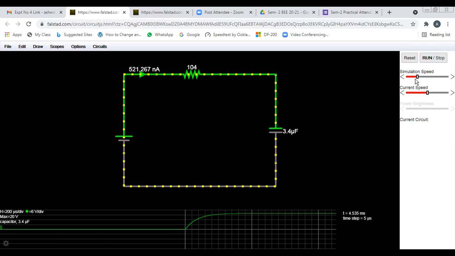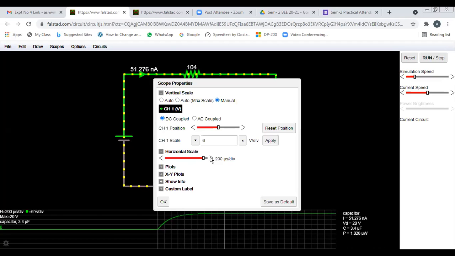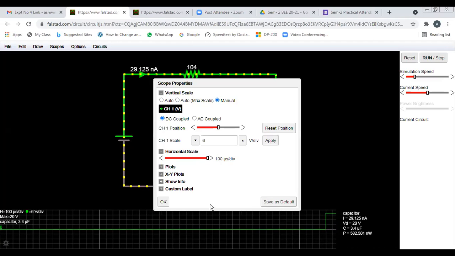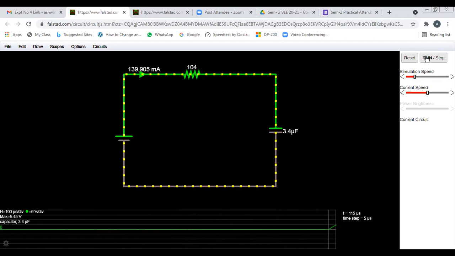Or you can change this slightly. We'll check whether we get 350 or not. In properties, suppose I change it to 100 and click OK. Again I'll reset and run. Now the x-axis, again use the zoom in option. I have changed the scale, which you can see compared to the earlier one. So I'm going to stop this.